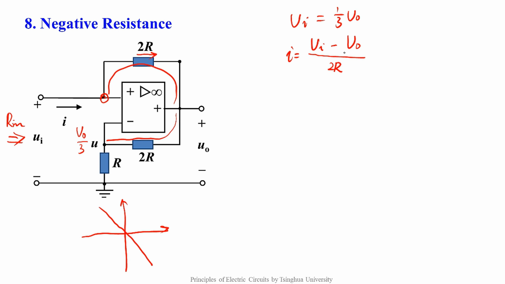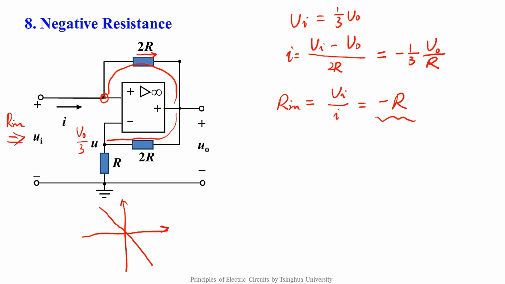Substitute the expression of UI and UO here. Finally, we can get that I equals minus 1/3 of UO over R. Okay, now the equivalent input resistance Rin seen from the input terminals equals UI over I. Combine the two equations, thus the equivalent input resistance equals minus R. It's a negative resistance.